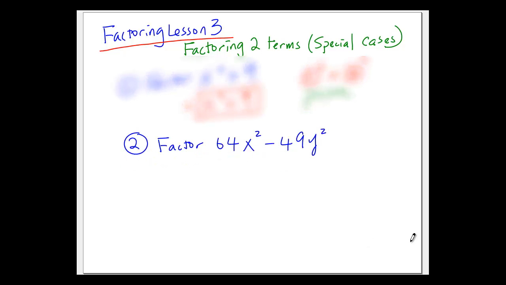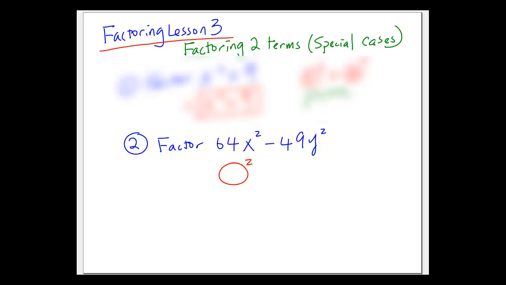And the second example, we are factoring this. First, we check and see if they have any GCF to pull out, and I don't see any. And the second part, we notice we have 2 terms, so it's one of the special cases maybe. And it looks like we have a square at the beginning and a square at the end and subtraction in between. So I think it may be a difference of two squares, and I want to double check.